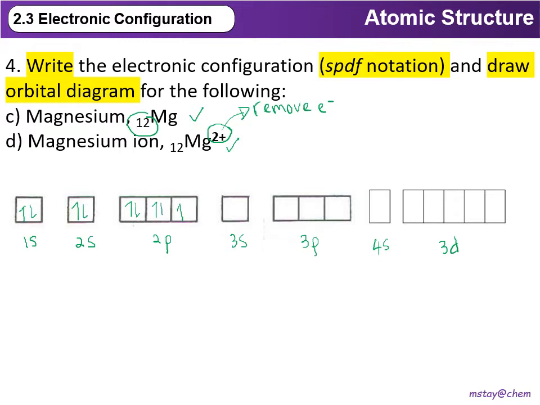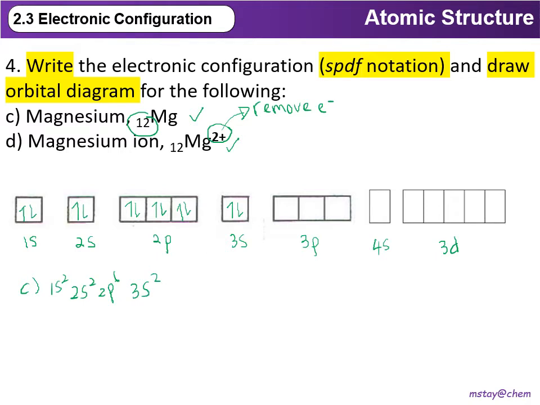The 9th electron, Pauli, the 10th electron, Pauli. The 11th electron goes into the 3s, Aufbau, and then the 12th electron is in the 3s orbital as well, but with different spin. Okay, so now continue with the SPDF notation. The answer for part C is 1s2, 2s2, 2p6, and then 3s2.